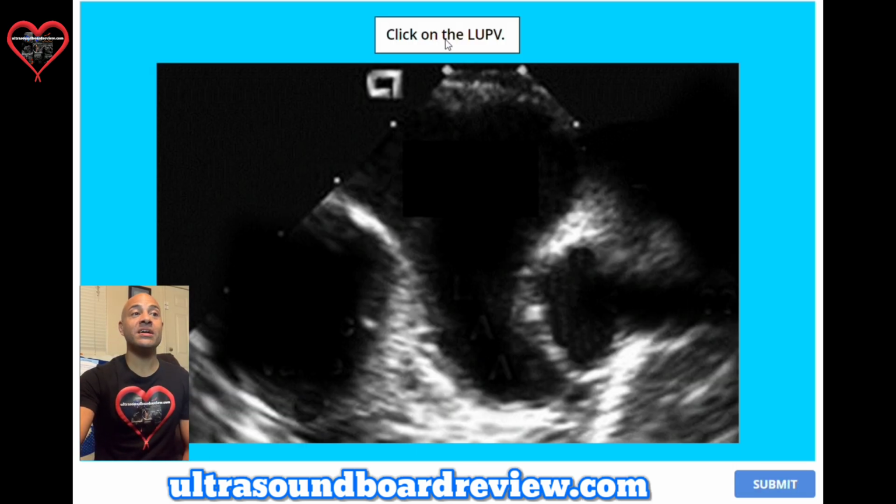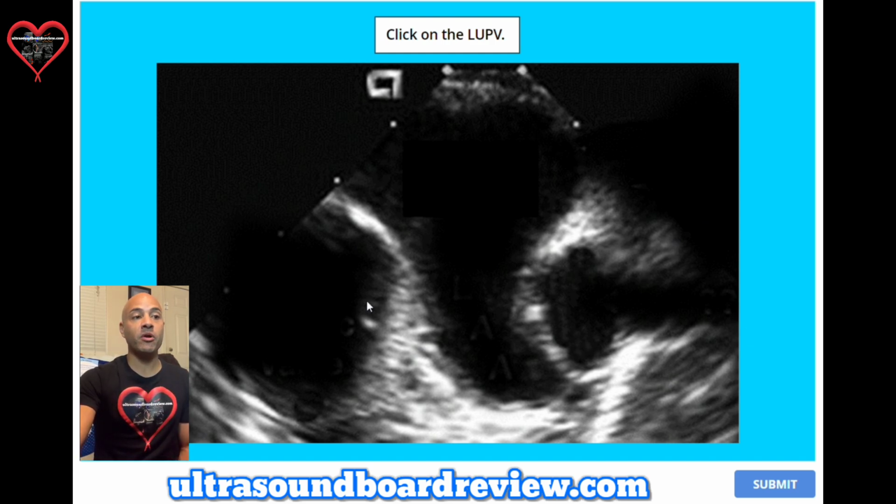Question 81. Click on the left upper pulmonary vein. So where on this image would you click the left upper pulmonary vein? Sometimes I'll ask questions like this where the picture will be zoomed in so much to the point where you can't tell where you're at or what you're looking at.